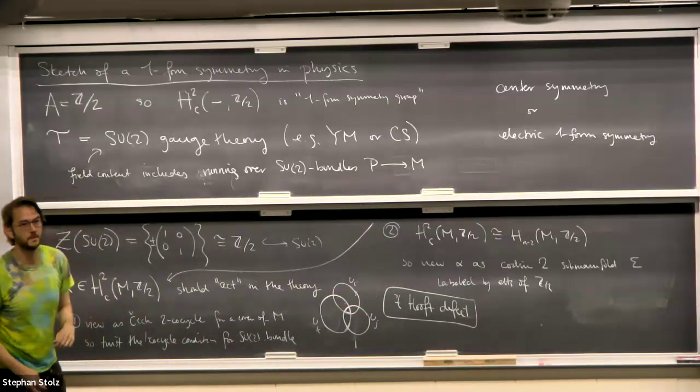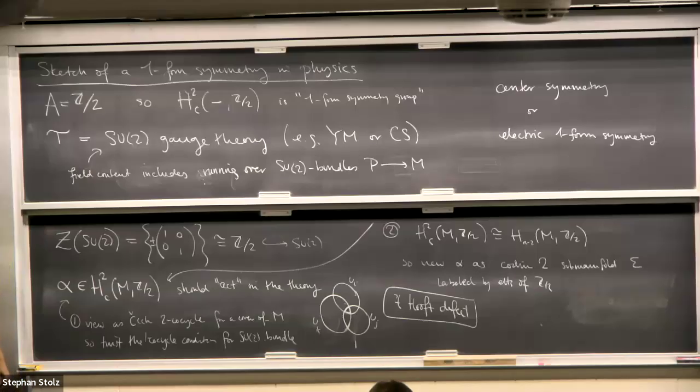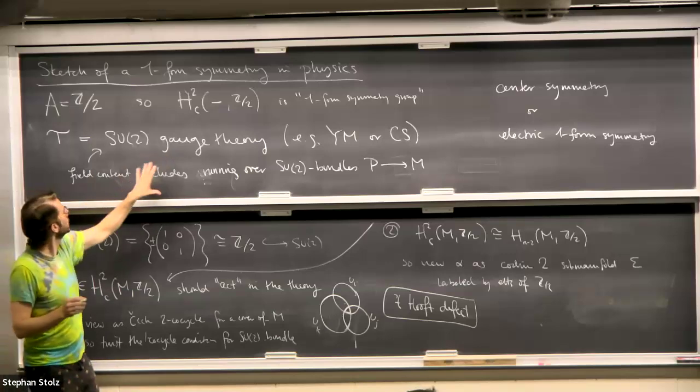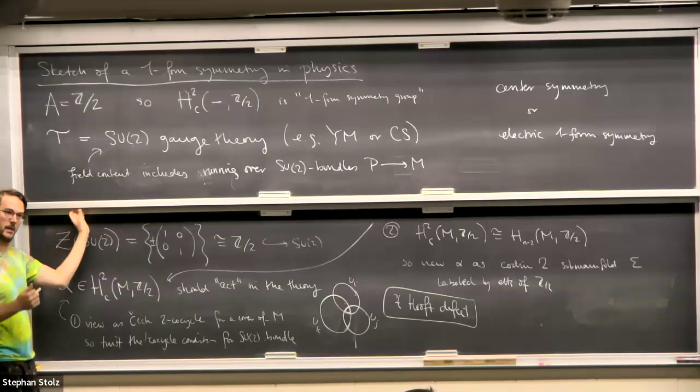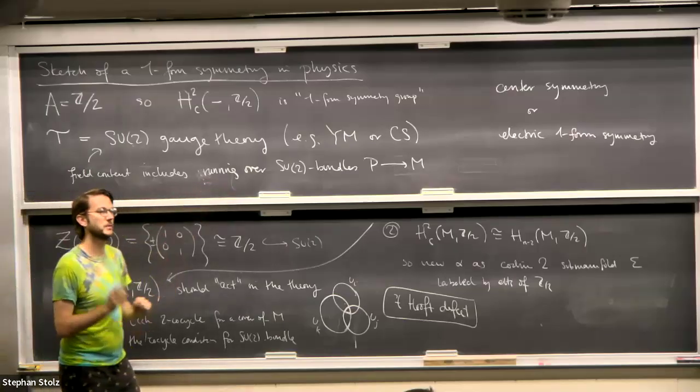Maybe I have a question then. I thought the symmetry would act in the space of fields, but you're saying the action leaves this space of fields, because you're no longer taking SU2 bundles. Yes, you have to enlarge your notion of the field content to allow these things as well. You might have thought Yang-Mills meant you just worked with SU2 bundles, but you don't.